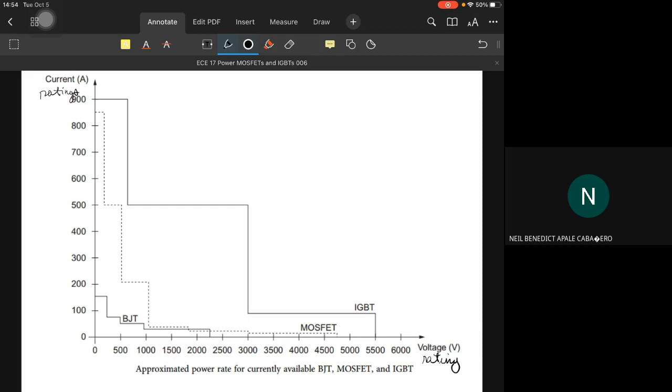But for example, this one. Okay, that's the working conditions. Pero i-compare na to, sige, i-compare natin si MOSFET. Siguro mas dagan si MOSFET kay mas dagan siyang mga horizontal lines, no?